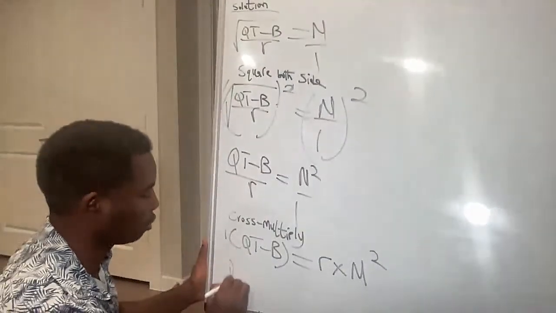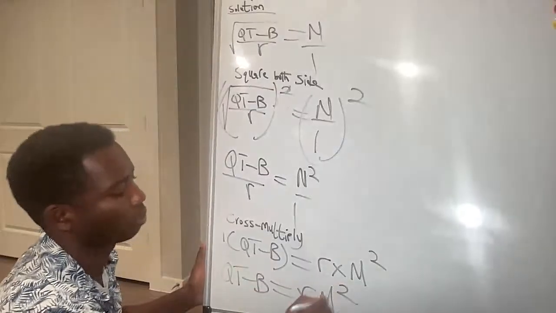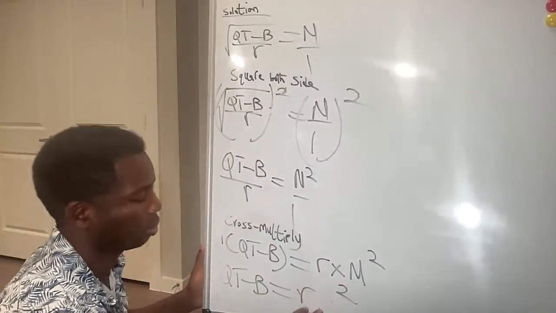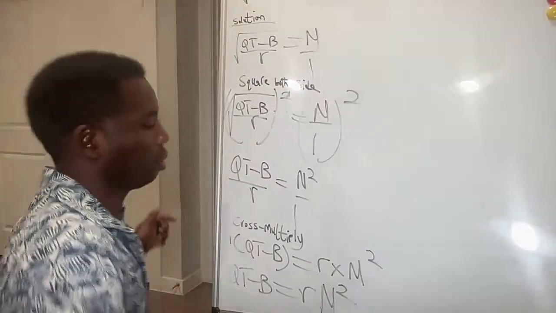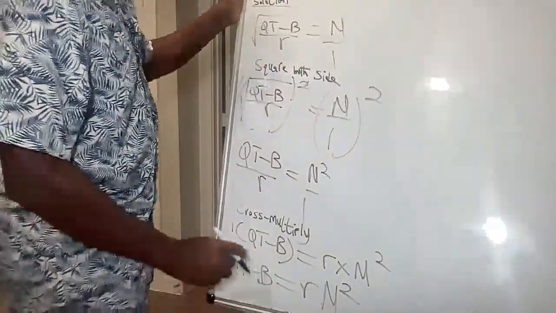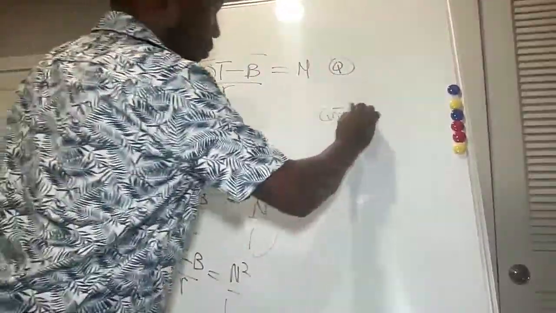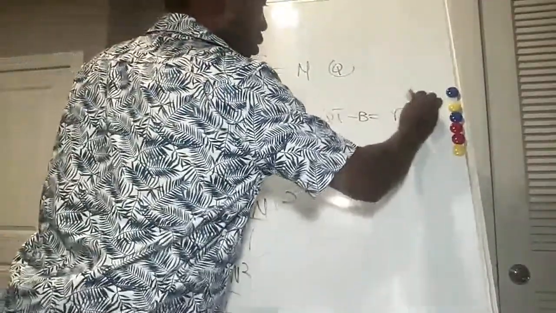So we have qt minus b is equals to r n square. R what? N square. R n square. So bring it up. We have qt minus b is equal to r n square.